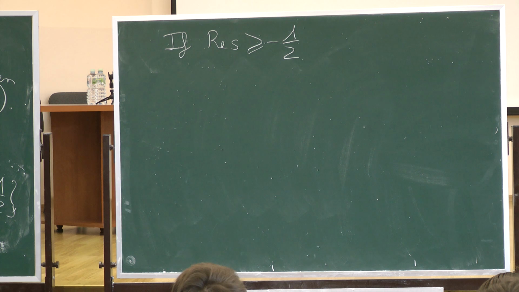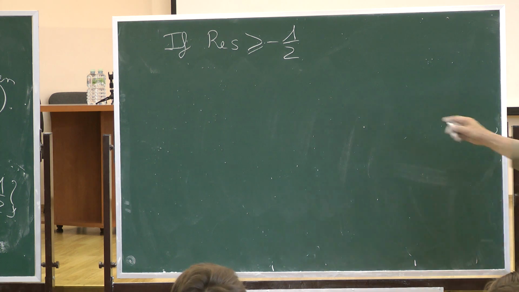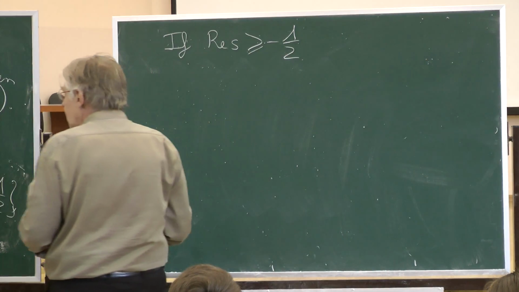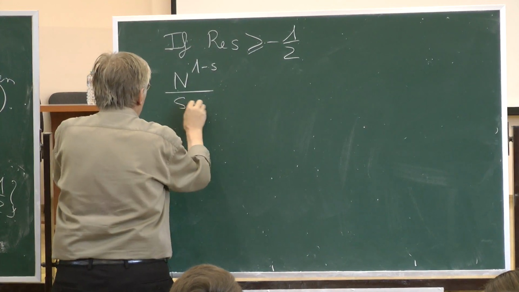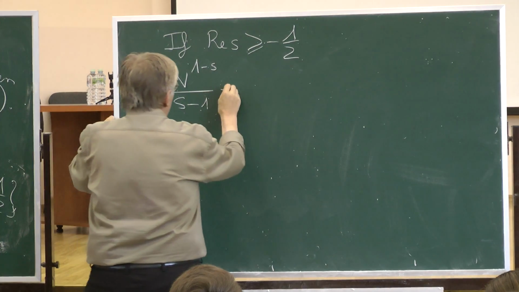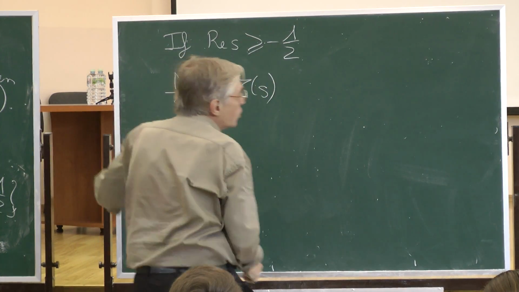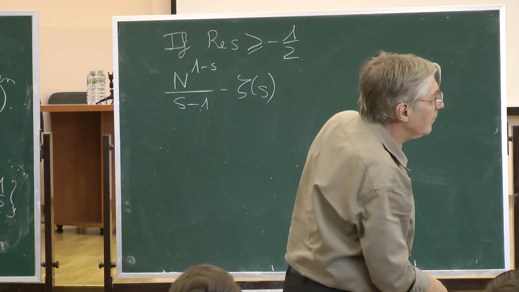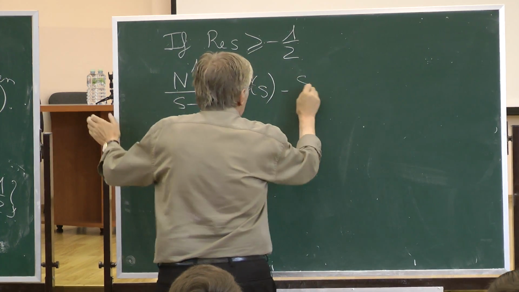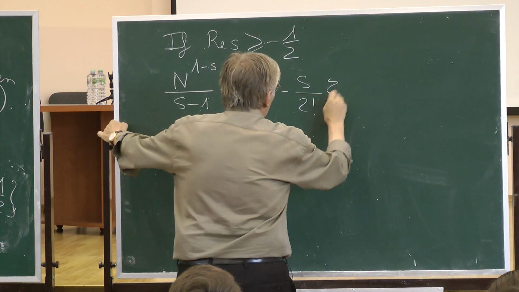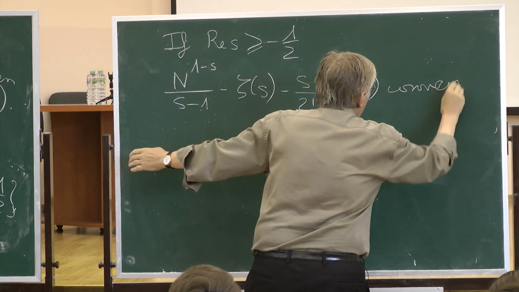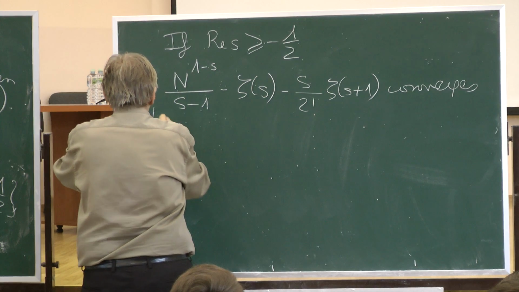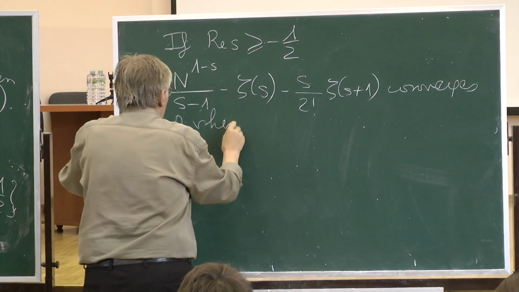The other ones I do not know. So in fact, if I have real part of s larger than minus 1/2, then I know that n to the 1 minus s divided by s minus 1 minus zeta of s, and I put just the other term, minus s over 2 factorial zeta of s plus 1 converges to 0 when n goes to infinity.